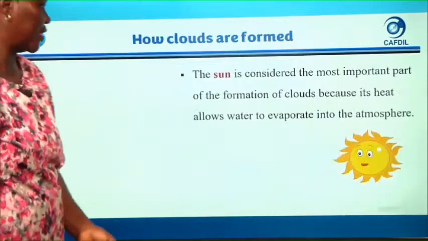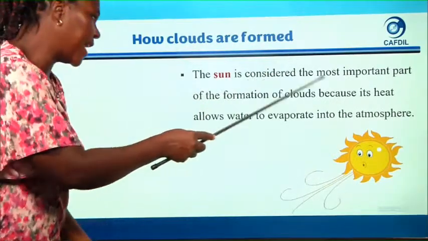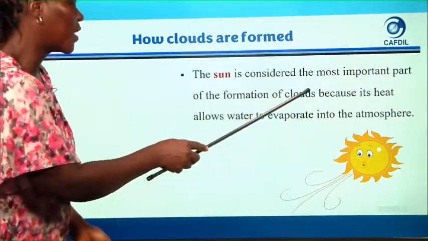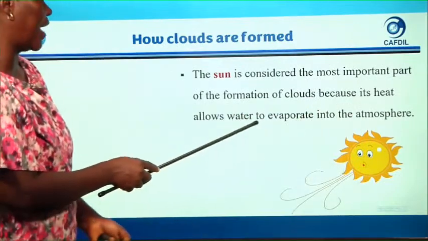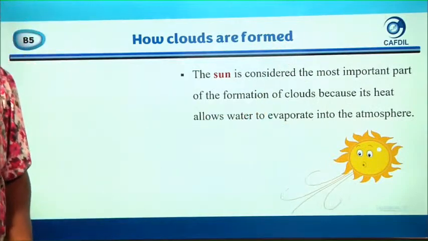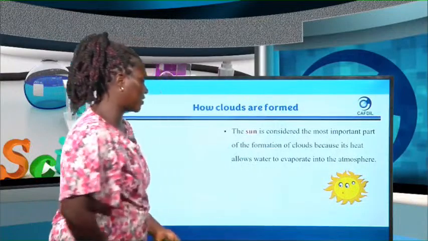So let's continue. The sun is considered the most important part of the formation of clouds because its heat allows water to evaporate into the atmosphere. So without the sun, we won't get our clouds.